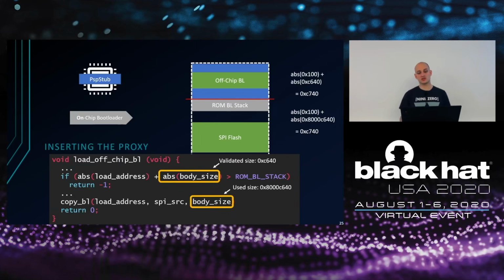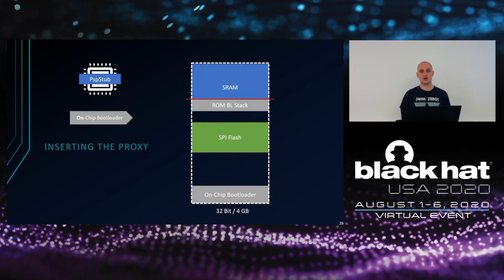This size is way larger than the whole SRAM of this PSP. So if we use that copy operation right now, we would copy over the whole SRAM content of the PSP, including the on-chip bootloader stack. So let's do that to insert our stub. We place our stub within the SPI flash, and we append it with return addresses.